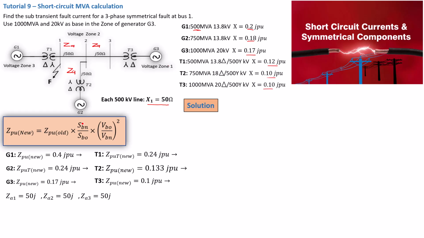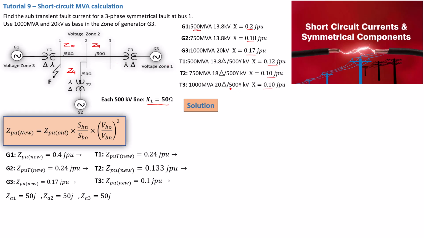Now, because we know what Z actual is, the actual impedance of the line, we can then calculate the base impedance of the line. That is actually based on the voltage of the zone. Now, we know that all these zones here are basically stepping up. They are based on step-up transformers that are all stepping up to what?